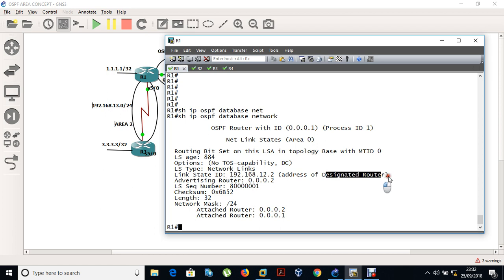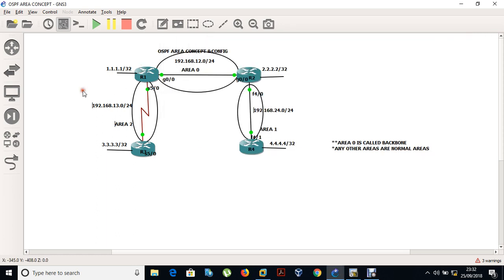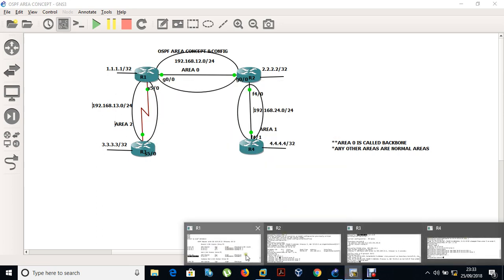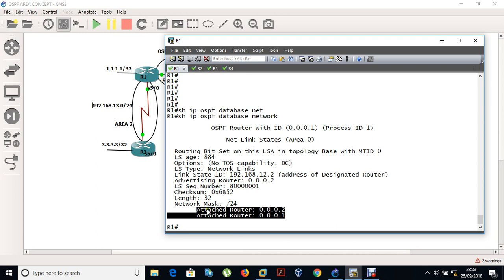It is the designated router, and the attached routers for this segment are listed, because they always advertise the connected routers. The routers connected to this area 0 are me and R1. So you see, the attached routers for this segment are R2 and R1.